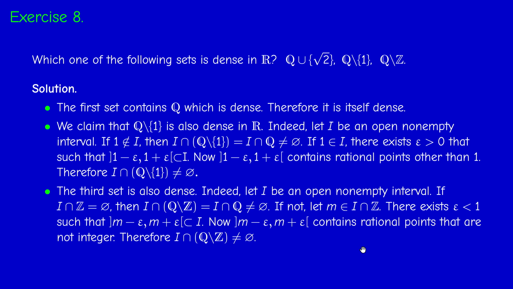Now this element is a rational number, not in Z, it's in I, so it belongs to the intersection, and therefore the intersection is not empty. So any non-empty open interval meets Q without Z, and therefore Q without Z is dense in R.